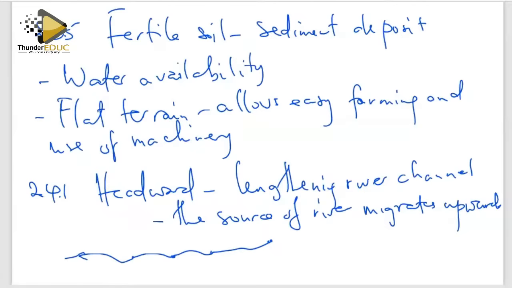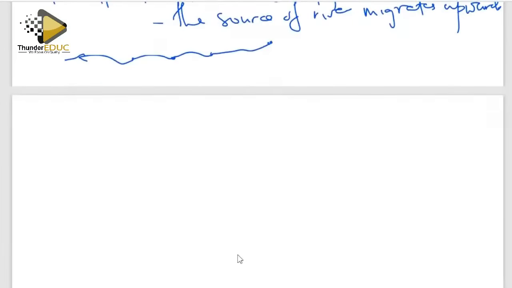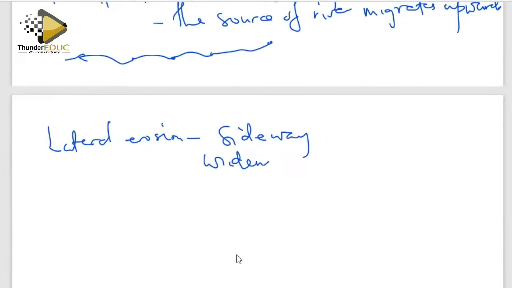This is headward erosion. We have other types of erosion, besides headward, just for clarity purposes. We have what you call lateral erosion. Lateral erosion is sideways and is responsible for widening the river channel.